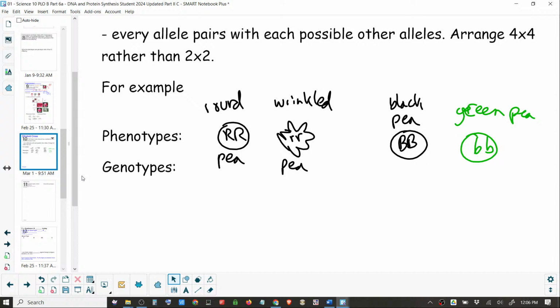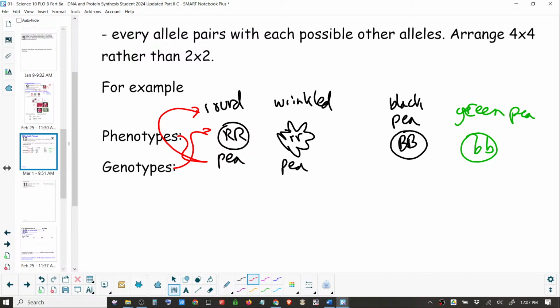And we are going to do a parent cross. So here's our, I've sort of crossed it incorrectly. My apologies. So the genotypes are here. The phenotypes are there.